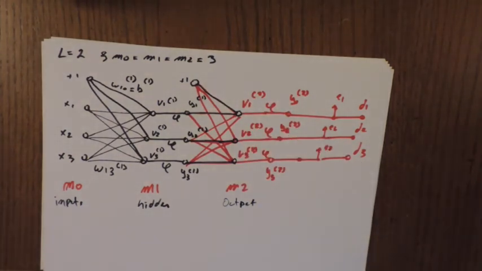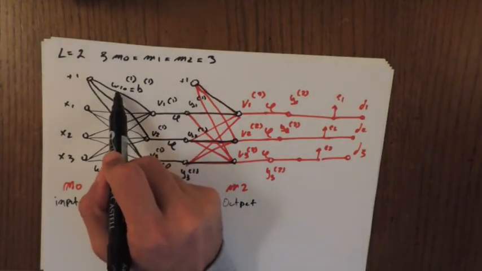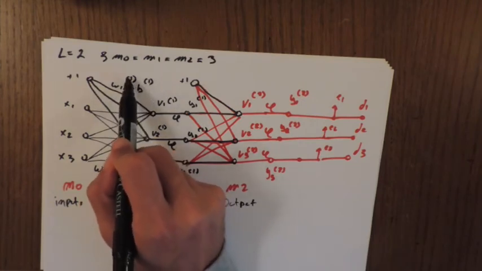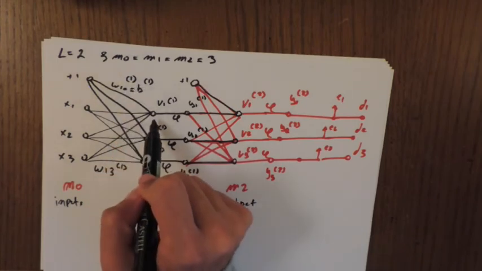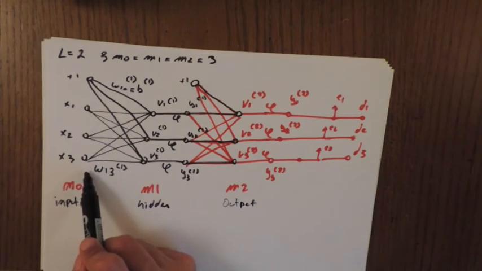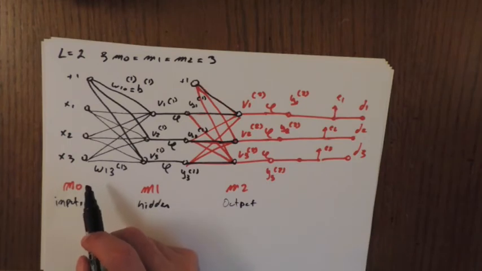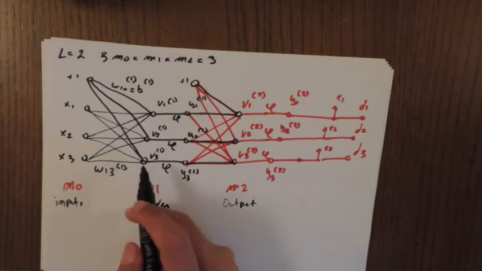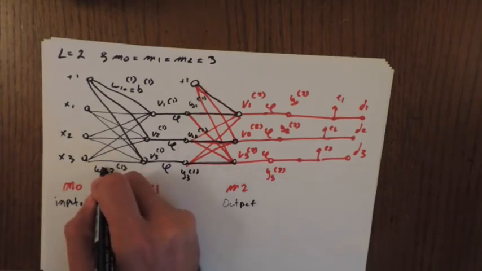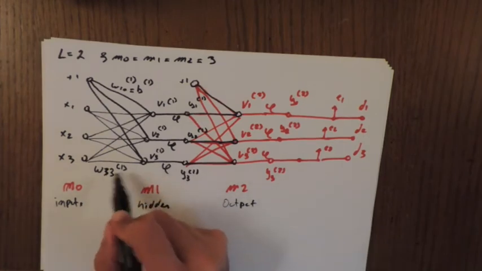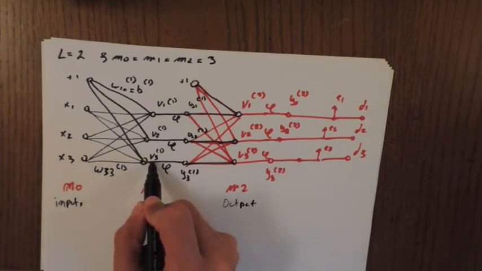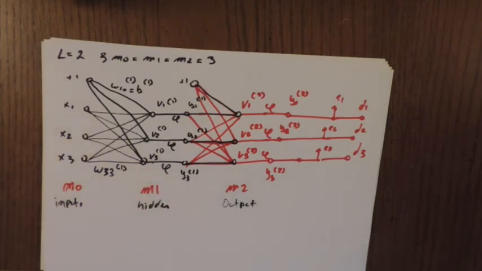So how will the algorithm work in the presence of multiple layers? We see that here the weight is W10, which is the bias, b of 1. We put a superscript 1 to indicate that this is going to the first hidden layer. You see here W13, which indicates that this is the weight coming from the input. Actually, it should be W33, which is the weight connecting the hidden neuron to the input, and so forth.